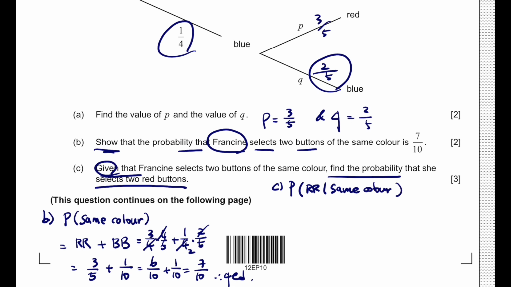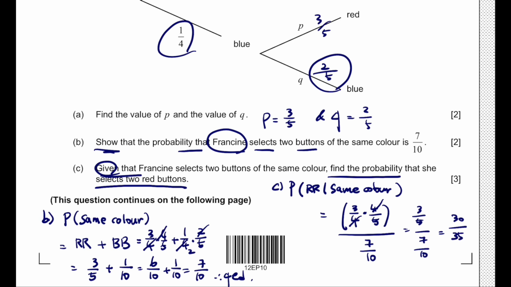Then we can do 3 over 4 times 4 over 5, over 7 over 10. Then we get 3 over 5 over 7 over 10, which is the same as 30 over 35. Since this can be simplified, we have 6 over 7 as the final answer.